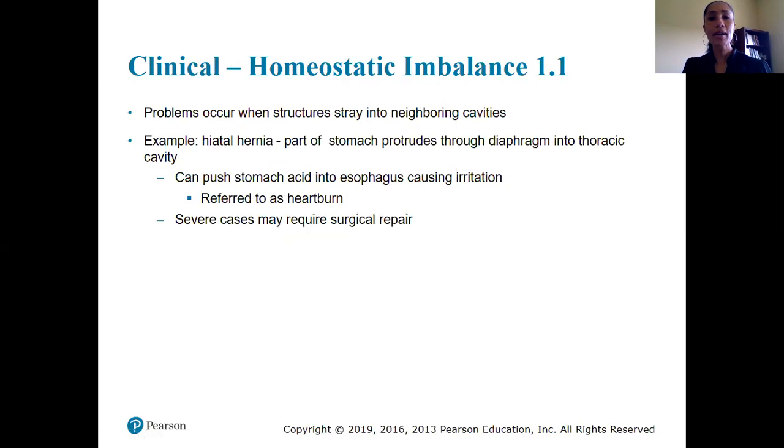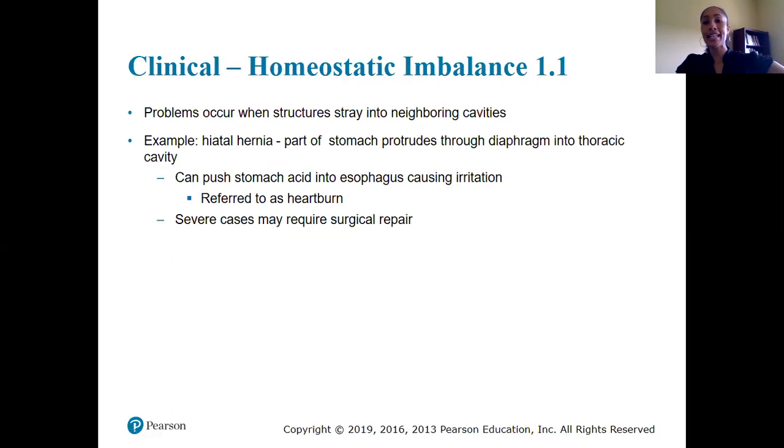Okay, so let's talk about some homeostatic imbalances of this particular area. So problems occur when structures stray into neighboring cavities. So for instance, let's say you have a hernia. When you have this type of hernia, part of the stomach will protrude through the diaphragm. So your stomach is going to be located in the upper left quadrant.